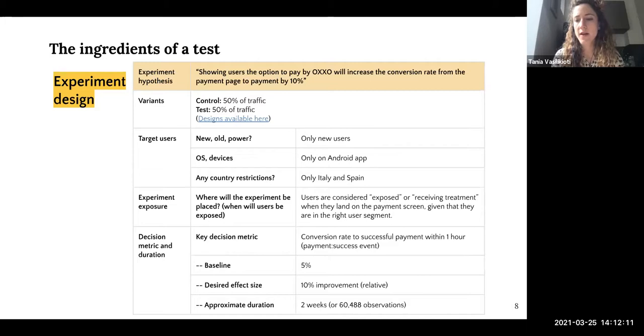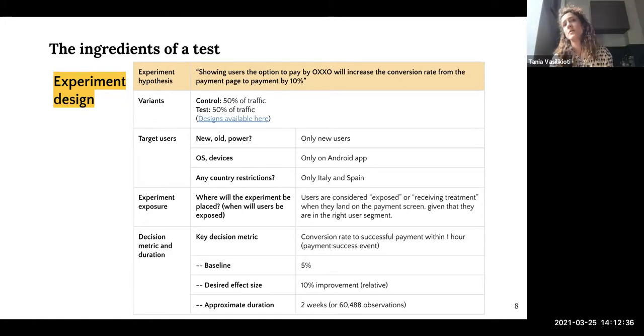We also need to define what the variants are in our experiment. For example, if we simply have two variants, control and test, we can say 50-50 split, for example, as the most typical and the one that leads to the fastest result. Then we can say which users in particular are being targeted by this experiment.